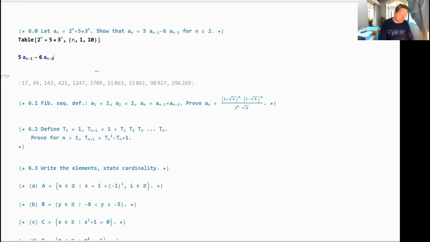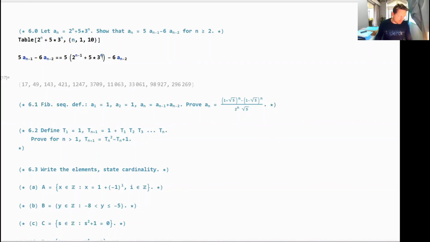We want to simplify this. So copy and paste this one. Now I'm going to replace it with what we have in the definition, except since that's a subscript n minus 1, I need to replace these n's with n minus 1. Now the same for a subscript n minus 2, except the exponents will be n minus 2 for that one.